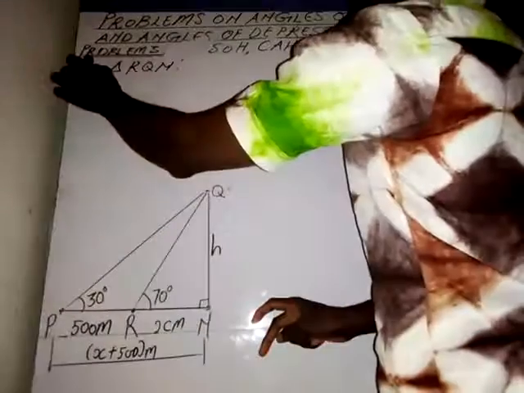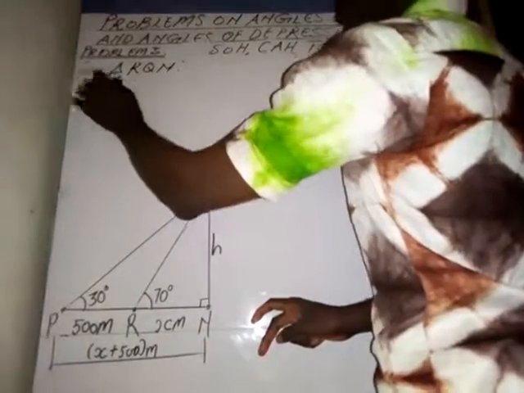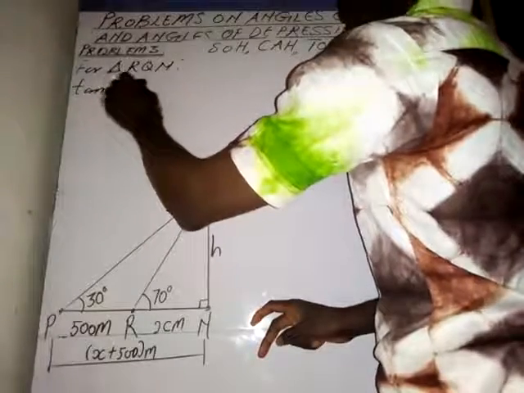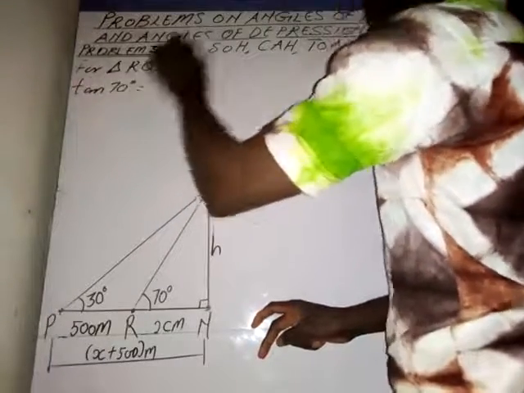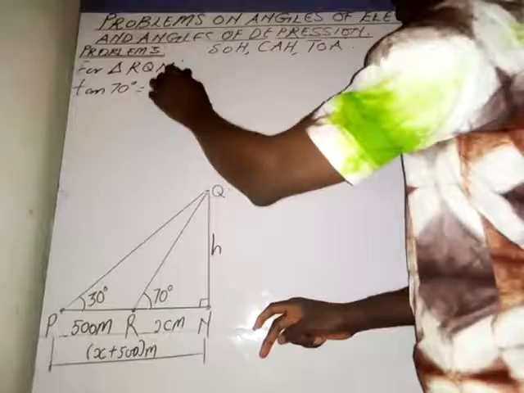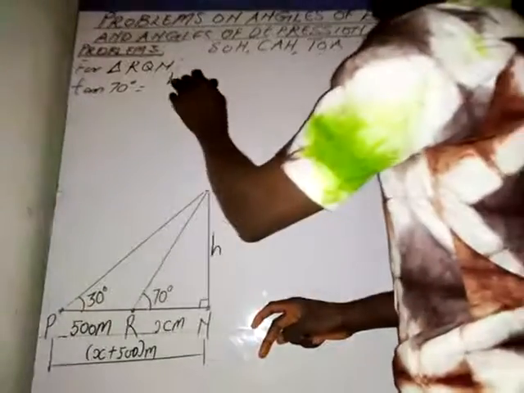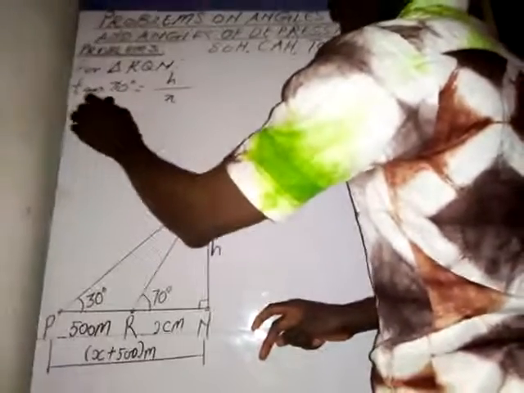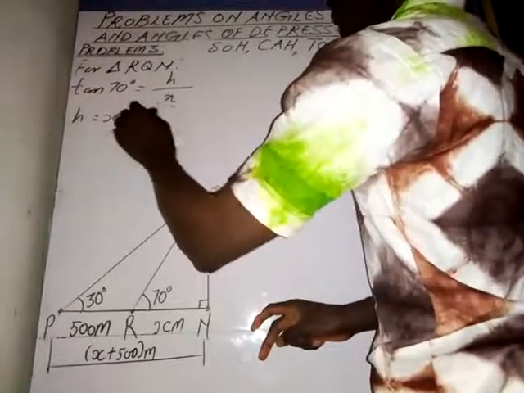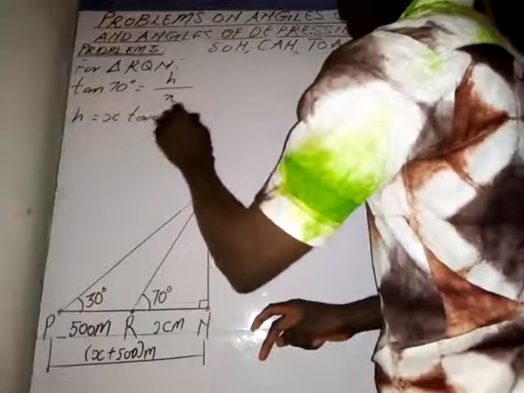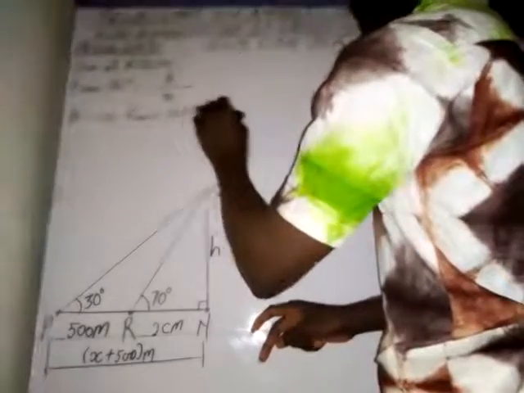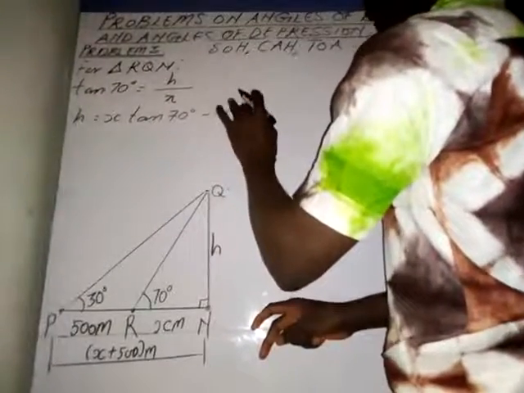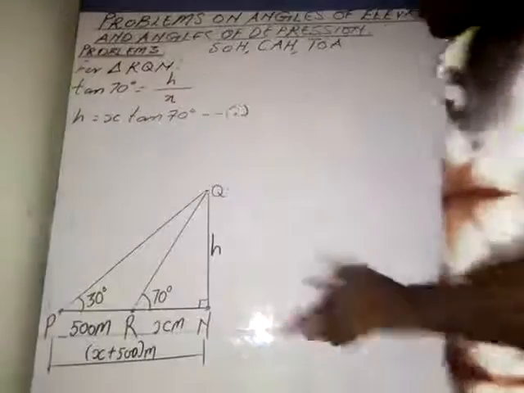So in this case we have tan 70 degrees equal to opposite, that is H here, over adjacent, that is X. So then we cross multiply. So we have H equal to X tan 70 degrees. So this is equation 1.